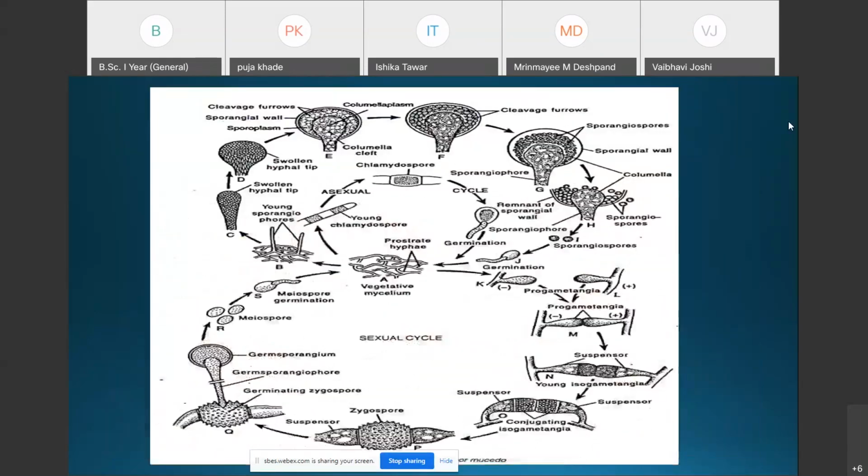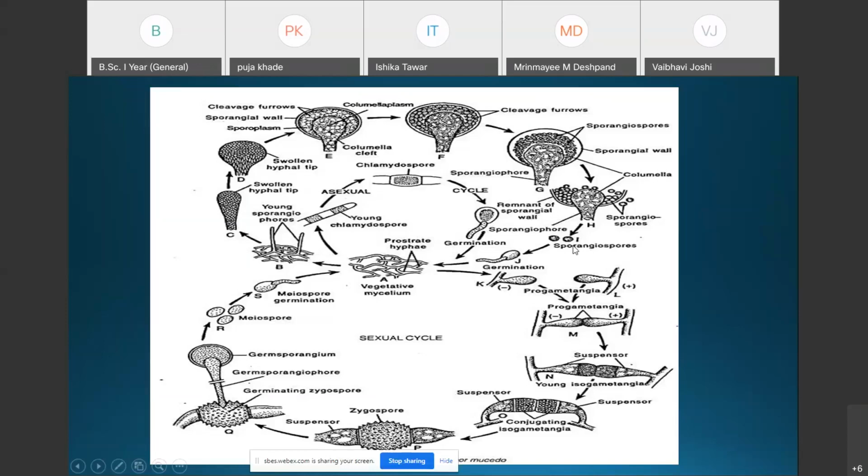Now here is the diagrammatic representation of the life cycle of Mucor. Here you can see the vegetative mycelium of Mucor. Here is how the sporangiophores are developed, which we have discussed. On the tip region of the sporangiophores, the sporangia are developed, and the sporangiospores are liberated into the outer environment.